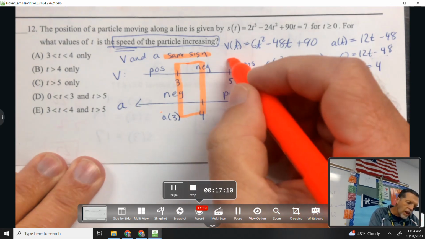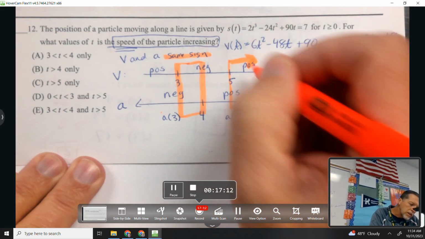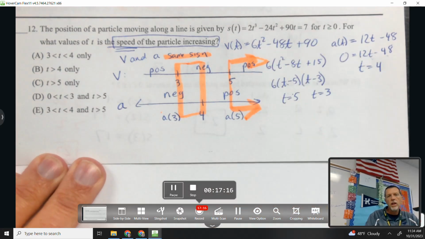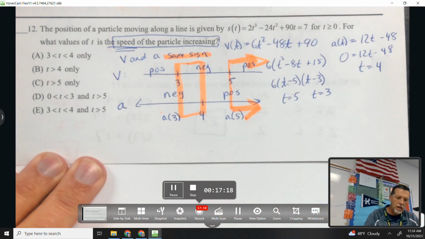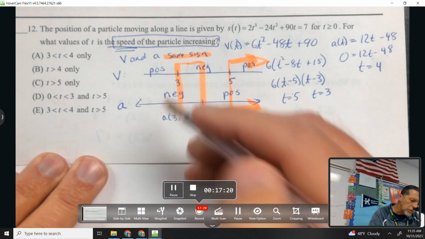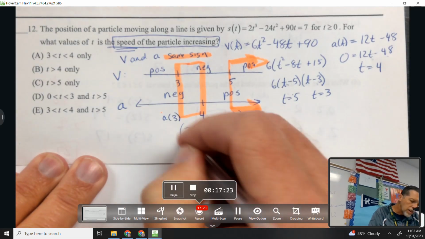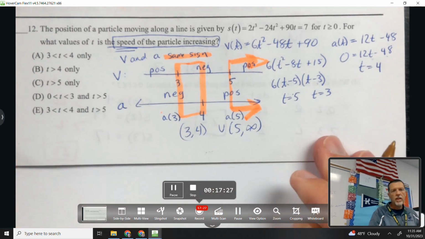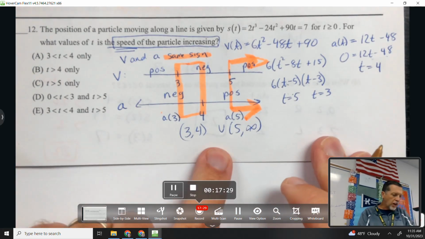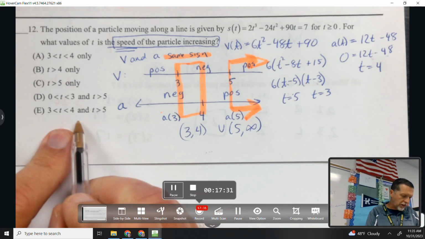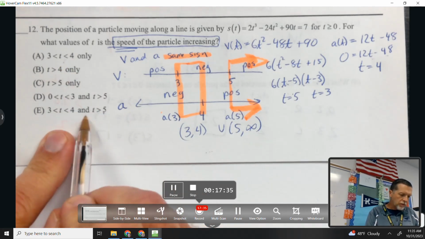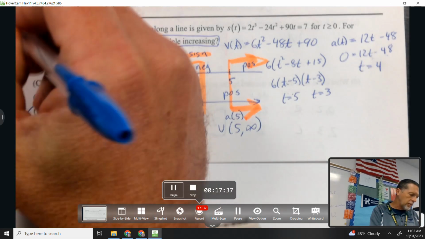And then from 5 onward, they have the same sign. So from 3 to 4, and from 5 to infinity. And I wrote mine in interval notation, but I can find that over here as inequality notation, 3 to 4 and greater than 5. So answer E.